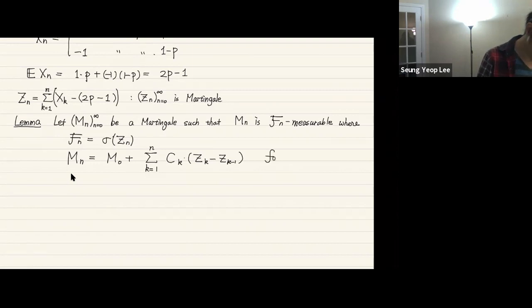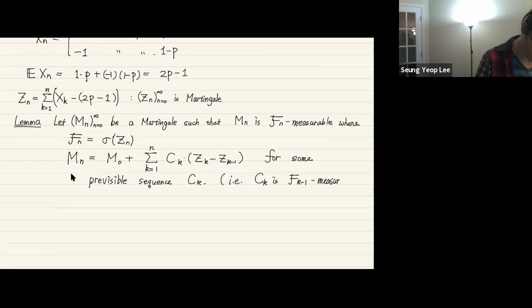This holds for some predictable sequence Ck, meaning that Ck is F(k minus 1) measurable.